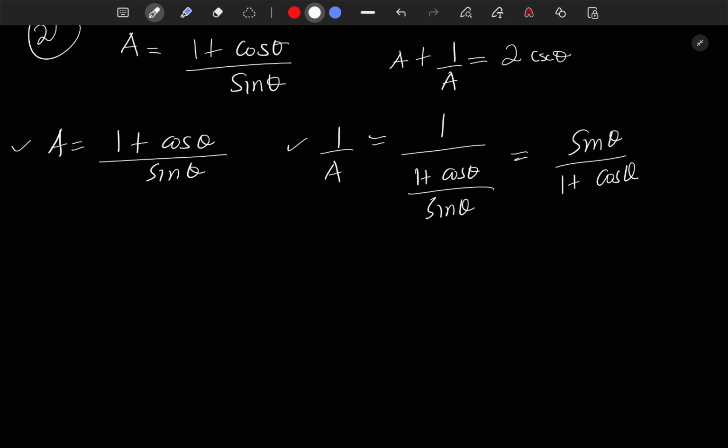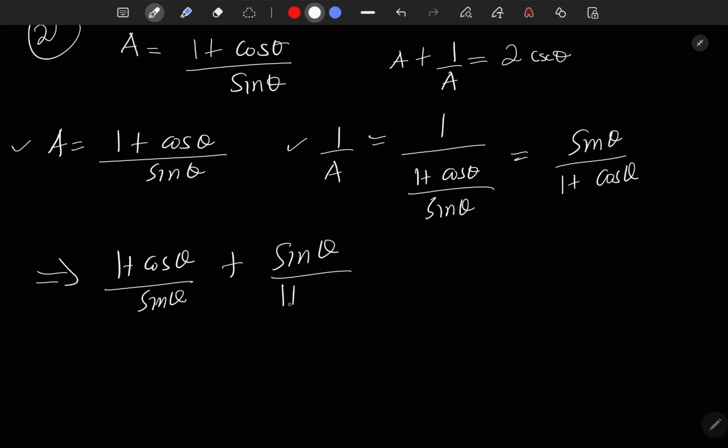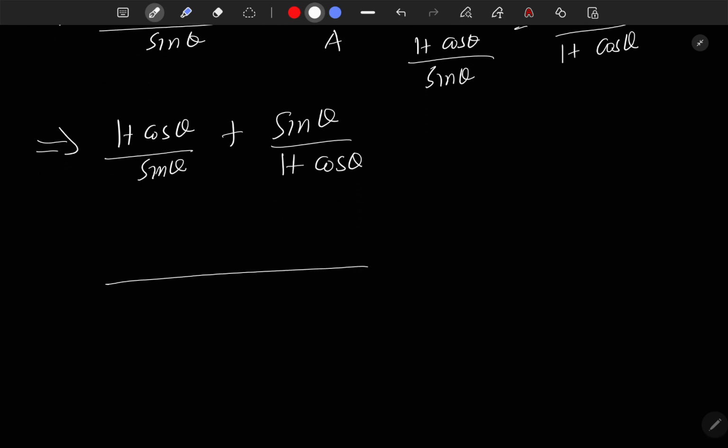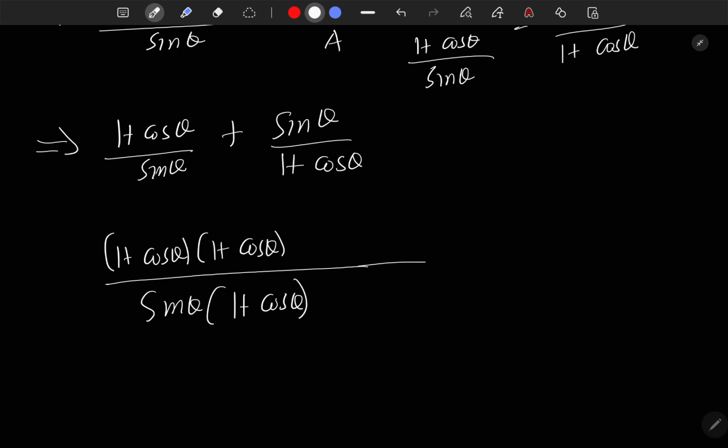So a plus 1 over a is 1 plus cosine theta over sin theta plus sin theta over 1 plus cos theta. This is now what we'll be getting. Meaning the common denominator is sin theta times 1 plus cosine theta. Divide this one into here, I'll get 1 plus cosine theta multiplied by 1 plus cosine theta, plus dividing here, I'll get sin theta multiplied by sin theta.